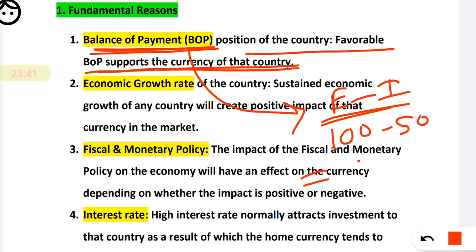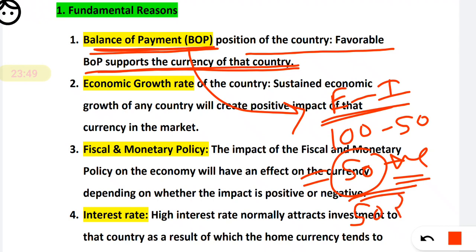So you will have a balance of payment of 50 rupees, which is positive, right? If your balance of payment is positive, it will support your home currency.